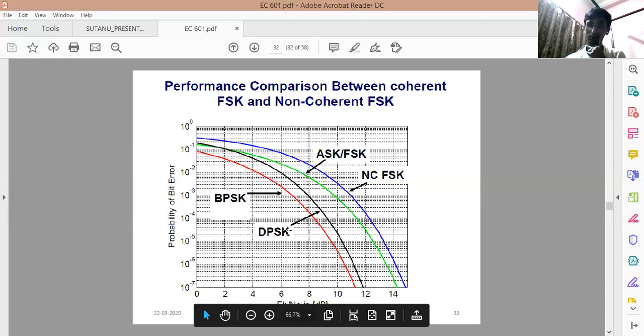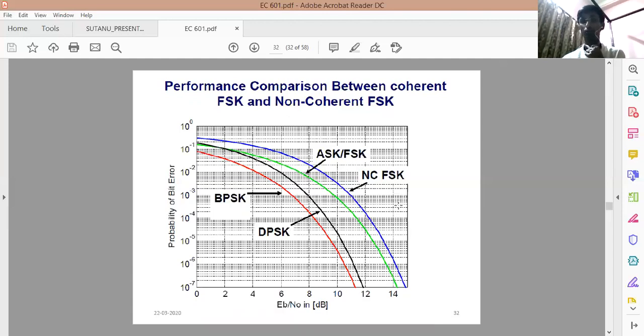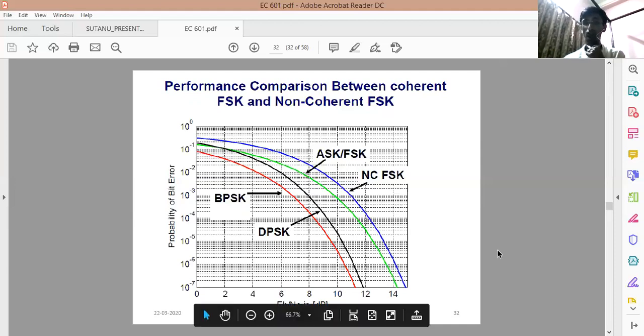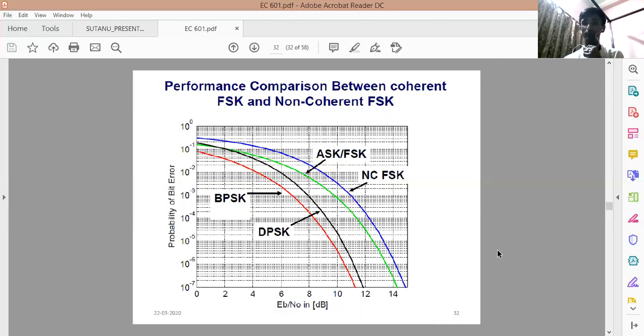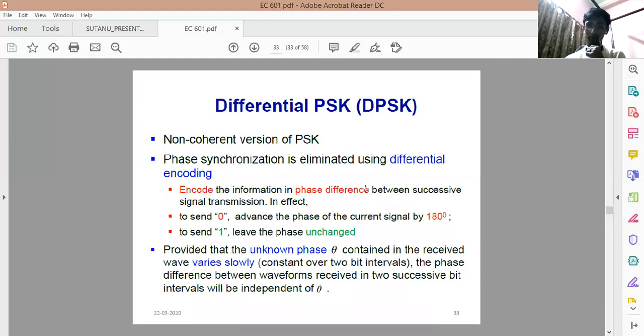After that DPSK, next to that ASK or FSK, and the last one is NCFSK. What does it mean? Non-coherent FSK. So when energy to noise ratio is more, then we are getting the same kind of performance using NCFSK. DPSK, I have discussed it.